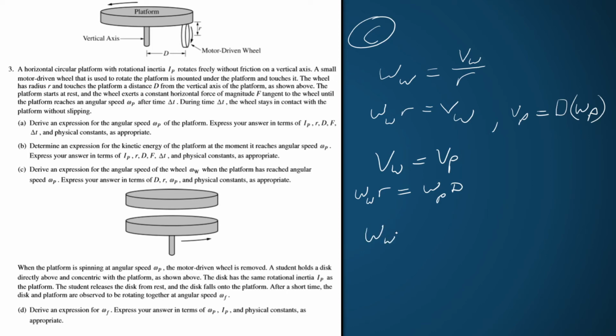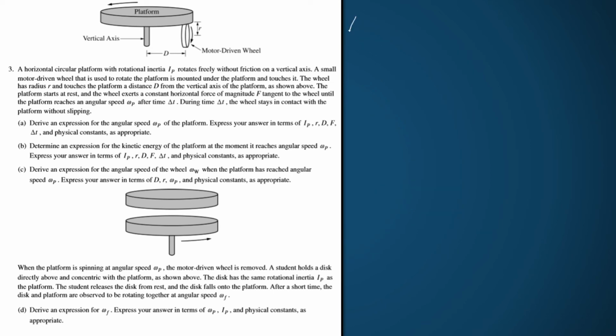So solve for omega W because that's in terms of D, W, P, and R, and we've already got that. So we should be able to just solve from here. Omega P D over R. Yep. Which I think is okay because they told us to express our answer in terms of that, so we should be all right. Okay, last one, D.